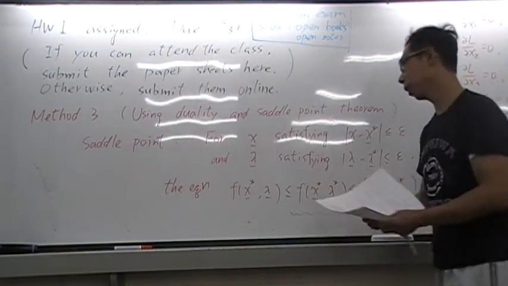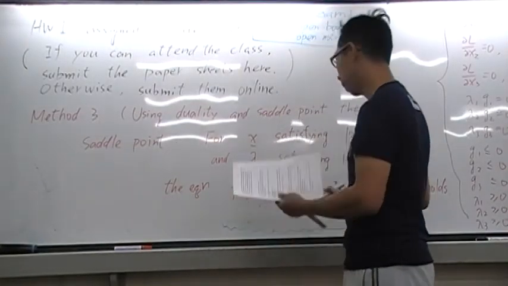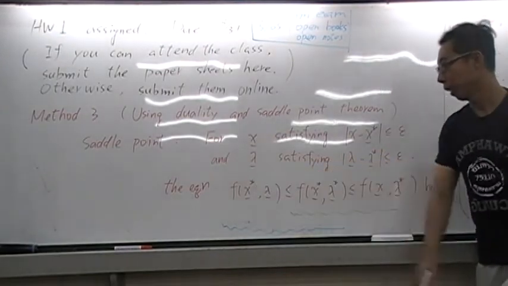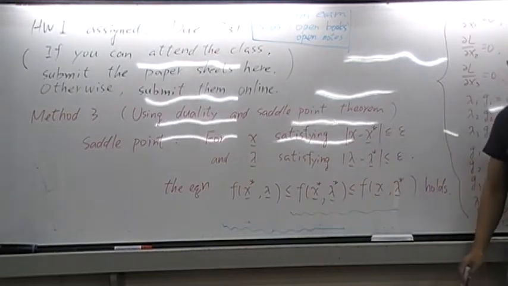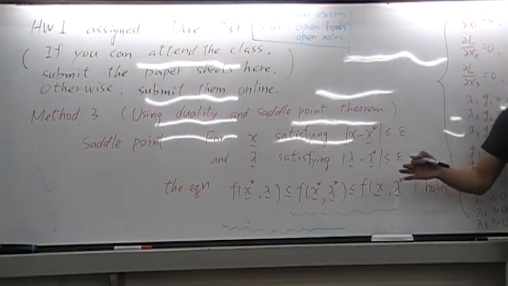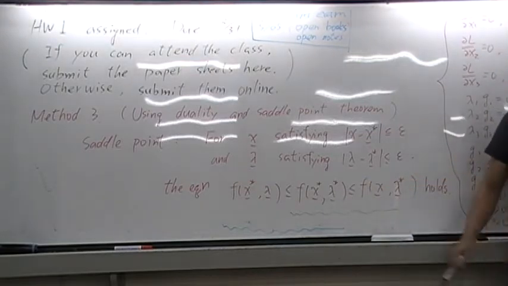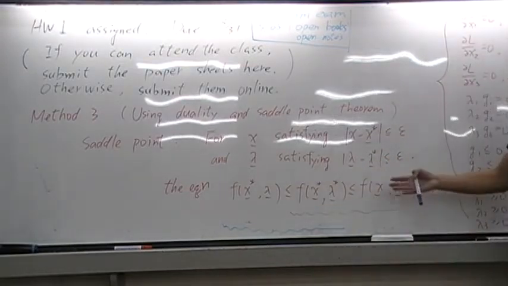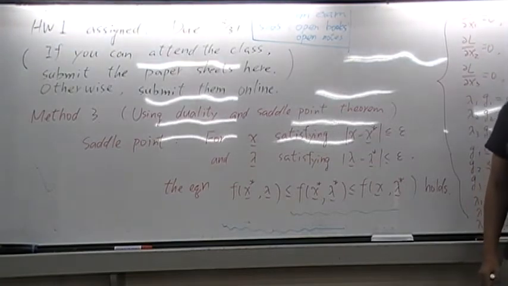But how about the other side? Over here, can you see that? If x is fixed at x star, then when we move lambda, we will see that lambda star corresponds to a local maximum. Lambda star is larger than the others. So f of lambda star corresponds with a local maximum.